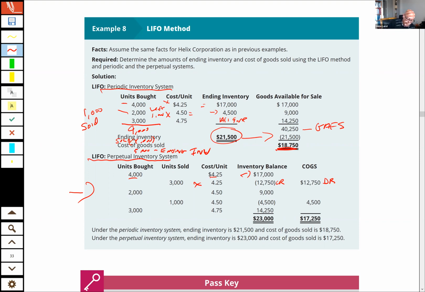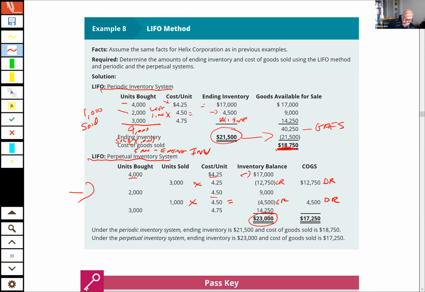Then I buy another batch at 450, and now I have a more recent set of items that I'm costing at 450, and under last in, first out, I will assume that those units go first. And so I take the 1,000 times the 450, credit my inventory 4,500, debit my cost of goods sold 4,500, and then I bring in those last ones.